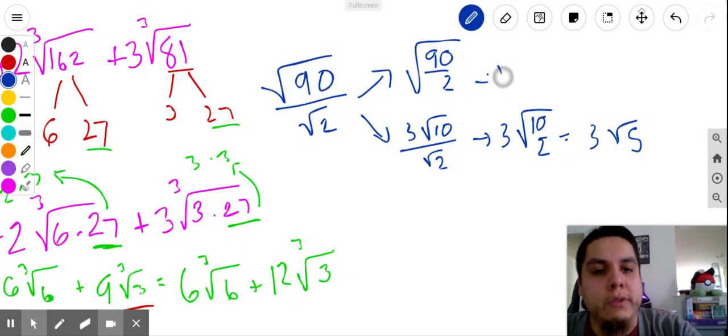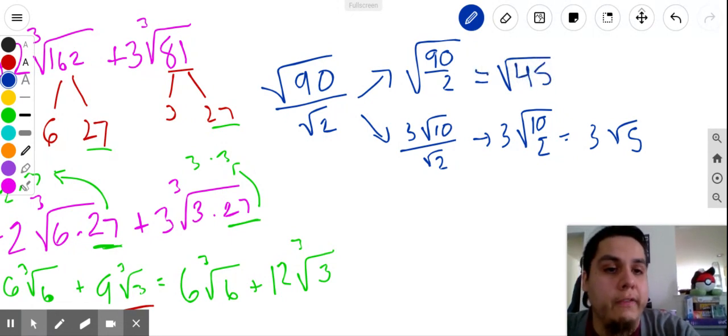And this one should be the square root of 45, which is 9 times 5. So I still get 3 radical 5 either way. It's just different ways to think about it.